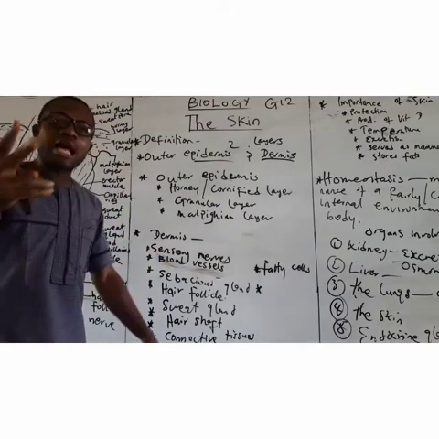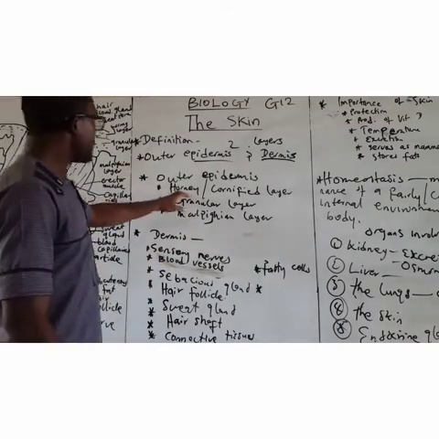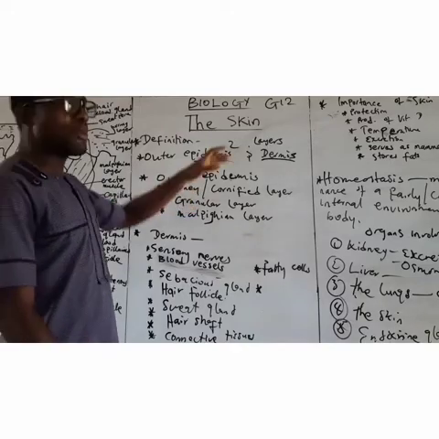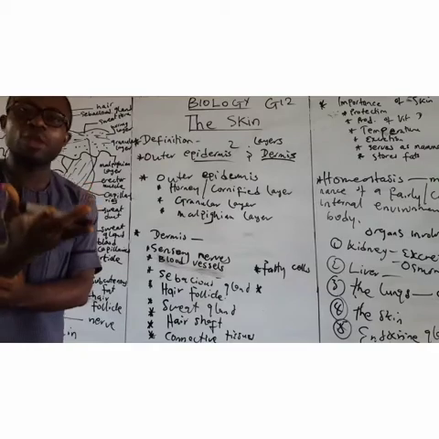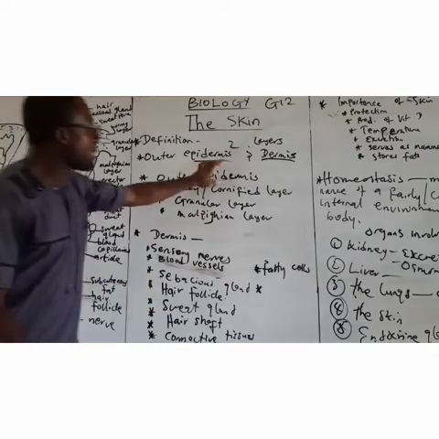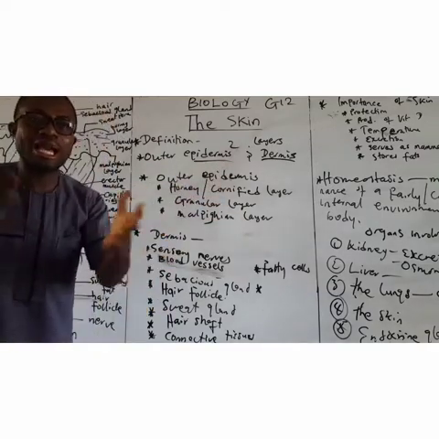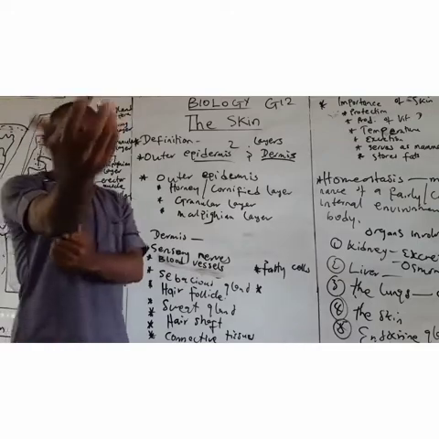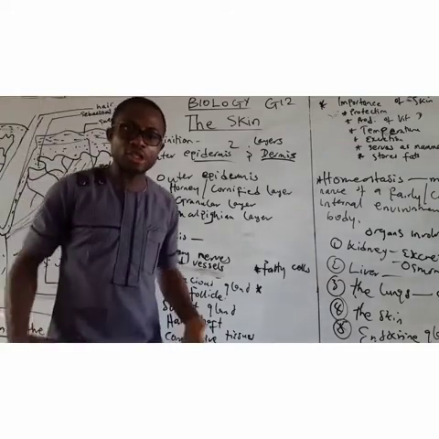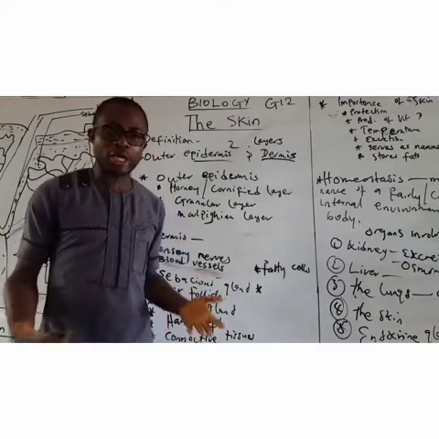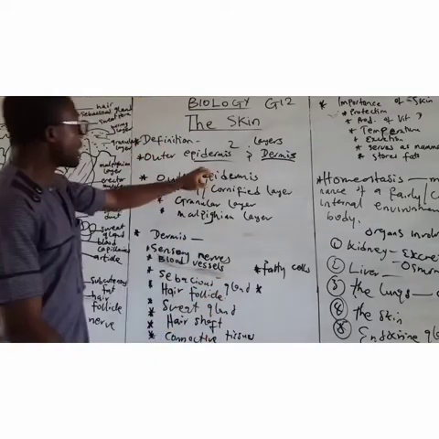There are three layers that make up the epidermis. The epidermis is the outermost layer that covers the skin. If you touch your skin now, this is the epidermis, the one that is outward, the one you can see.